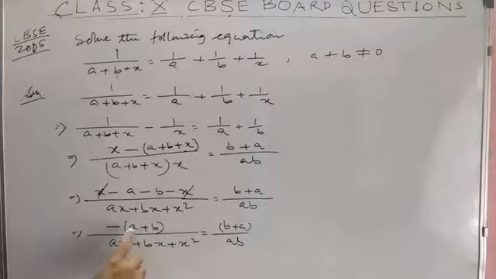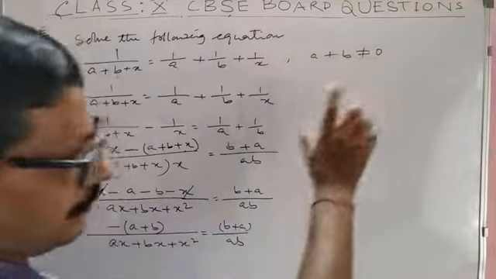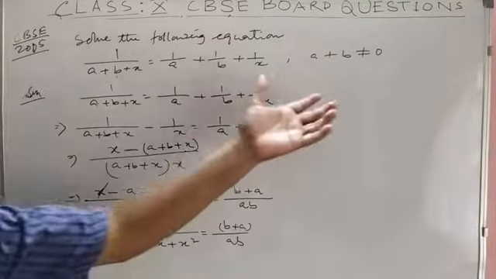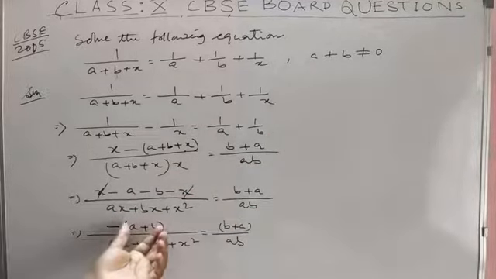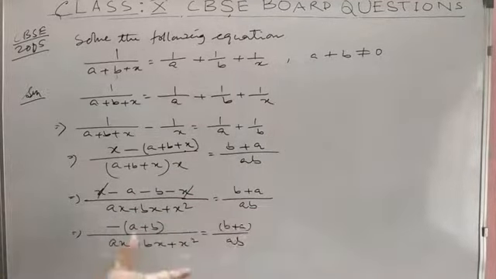Now see, a plus b here is given as not equal to 0. Not equal to 0 means it is non-zero, maybe 1, 2, 3, 4, 5, whatever it may be. So we can cancel these two from both sides because these are non-zero.